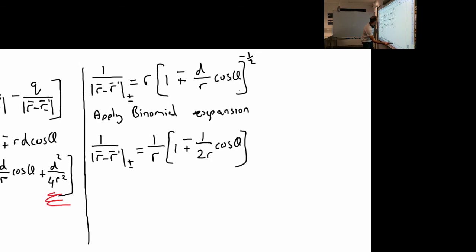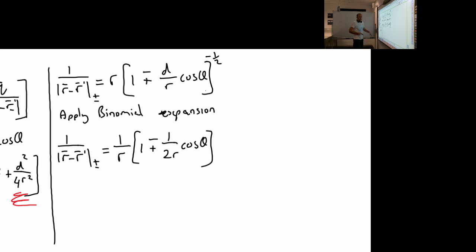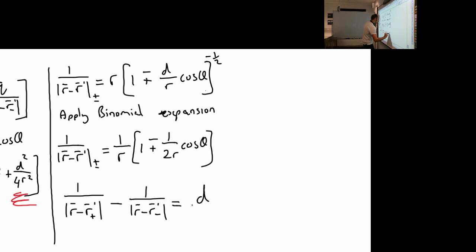So now we can go back to the original equation for the potential calculation, where we have 1 over the separation for the positive charge minus 1 over the separation for the negative charge, and what this is going to give us is just d divided by r squared cos theta.